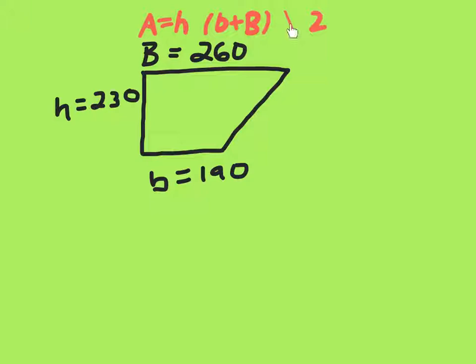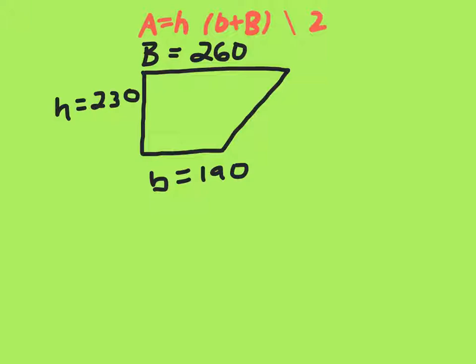I don't have a division sign like you're used to seeing, so this slash, we're going to use for divided by 2. So area of a trapezoid equals H times little b plus big B divided by 2.